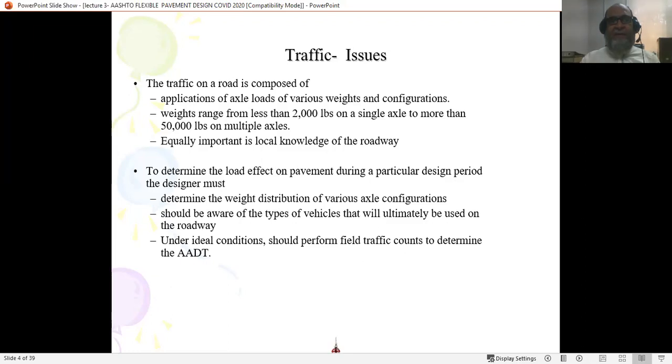The word traffic means different vehicles. It can be a car, a motorcycle, a truck, a bus or any other vehicle that is using your road.